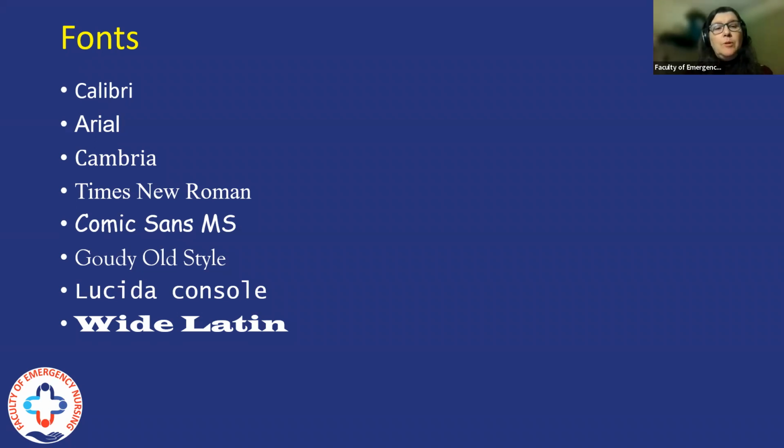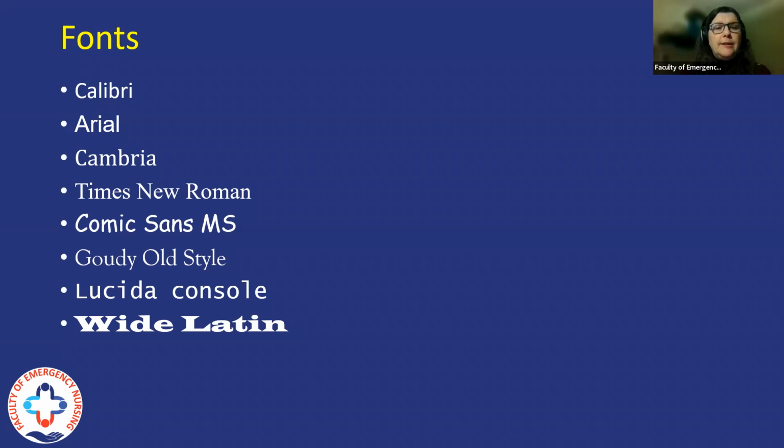And Times New Roman is often requested by academic papers, academic journals, or academic tutors. So you often find that Times New Roman font size 12 is what is required by your tutor at university. So the reason, again, is because it's a very professional looking font.